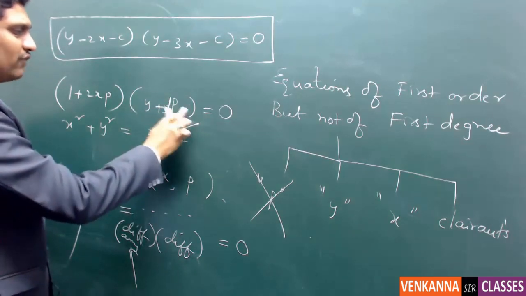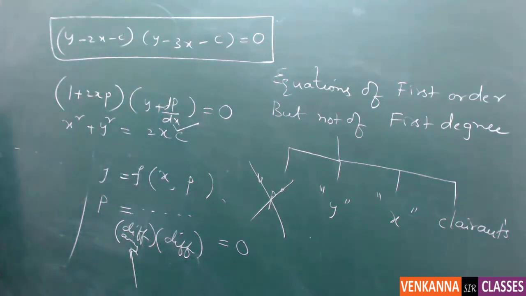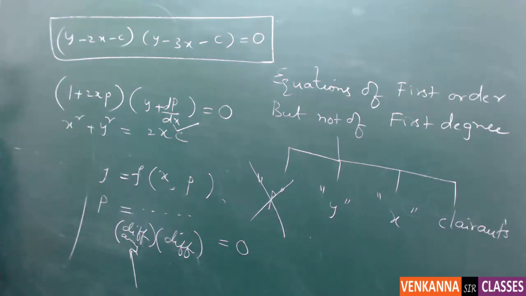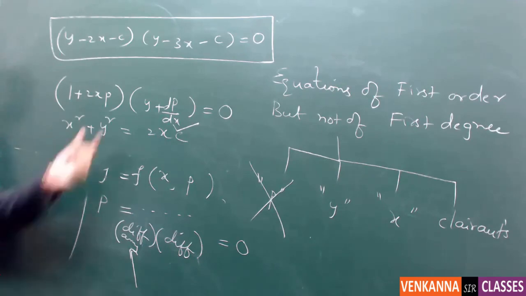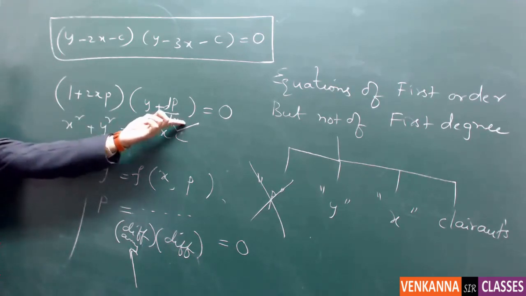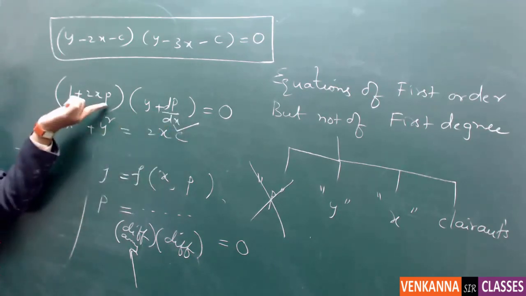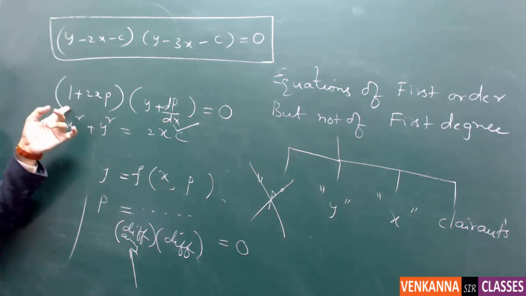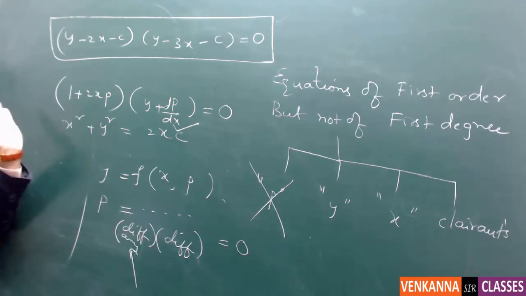Take this thing for convenience. So 1 plus 2xp into y plus dp by dx equal to 0. One factor contains the differential dp by dx. The other won't contain any differential. It is simply 1 plus 2xp equal to 0. From this, p is equal to minus 1 by 2x. You have achieved the value of p straight away.